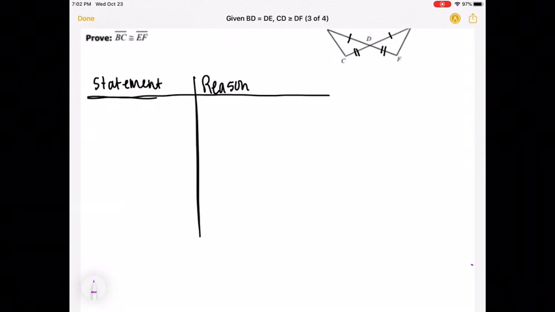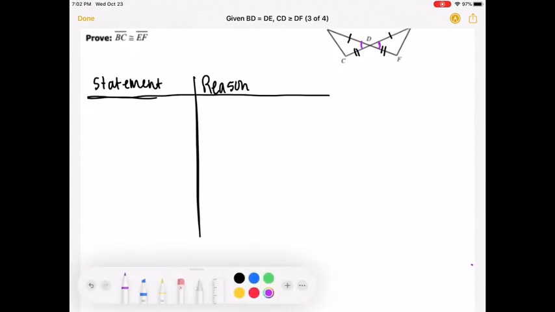Okay, hopefully you've paused and you're checking back in now. And ideally, you found a set of vertical angles, which would be BDC is the vertical angle to EDF, which is here. So vertical angles are congruent. So I know that's going to help me prove that triangle. I do need to write my first statement as my congruent.